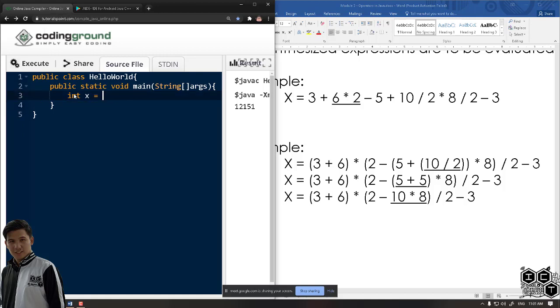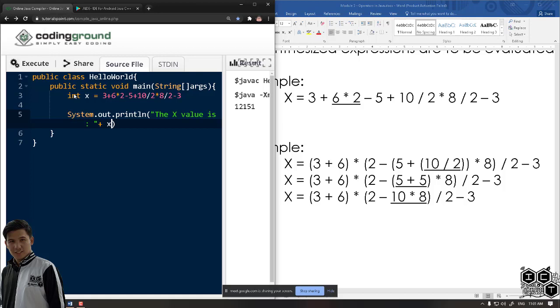Or, I should say, pwede ko na siyang gamitin na 3 plus 6 multiplied by 2 minus 5 plus 10 divided by 2 multiplied by 8 divided by 2 minus 3. Tapos, we will simply print that in Java by typing the x value is yan.